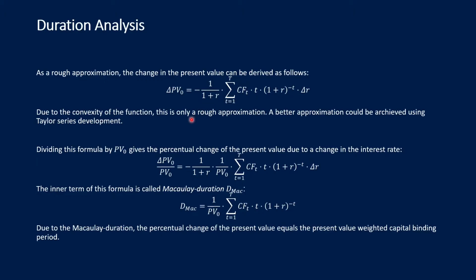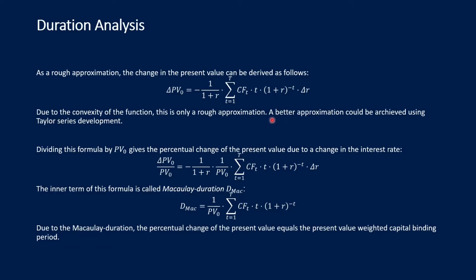So the smaller the change in the interest rate is, the better is this formula. The larger it is, the worse it becomes. A better approximation can be achieved using the Taylor series development, where convexity and further derivations can be taken into account.